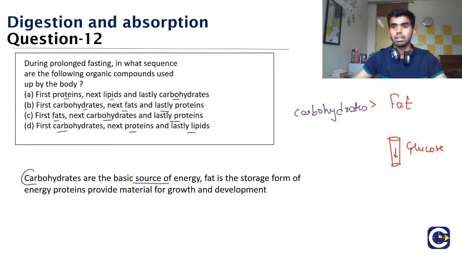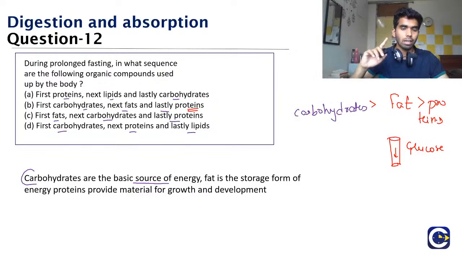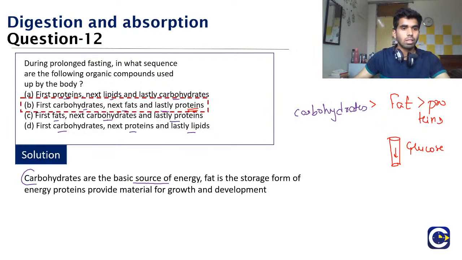Finally, if the fat is also utilized completely, then the final thing that the body is trying to protect at all times, the most precious thing in our body, is proteins. It is present in the muscles and all the enzymes in our body. Then these proteins are utilized to give energy to the brain, and that is why this is the order. So the order is carbohydrates, then fats, and lastly proteins.